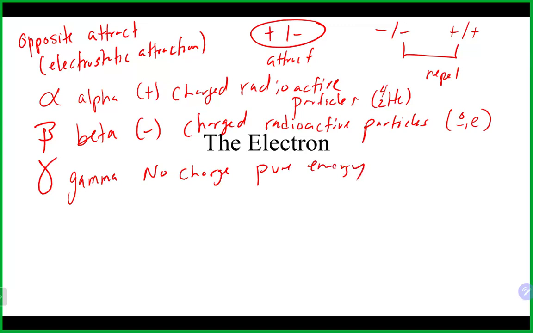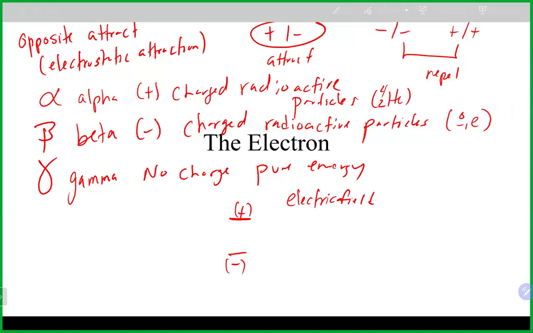One of the things that a lot of these experiments took advantage of is the idea of things that have a charge. For example, if you had an electrical field, with a positively charged plate and a negatively charged plate, you could use it to figure out how particles would behave.